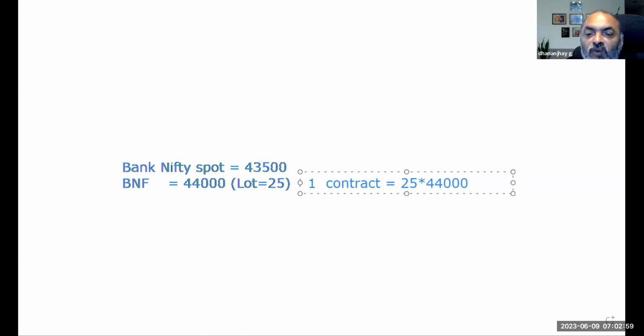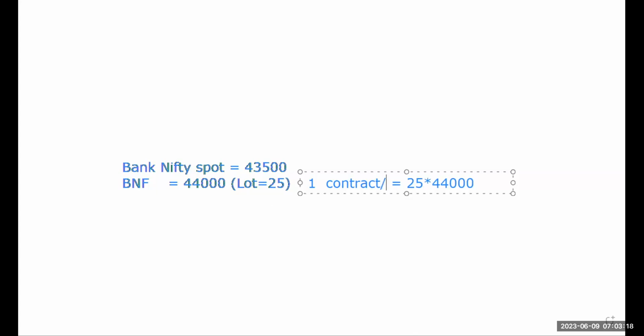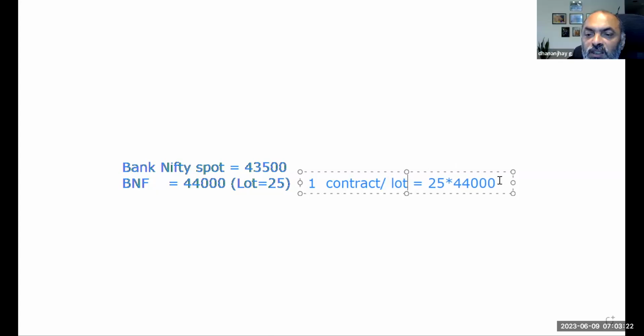Are you understanding? One contract means one lot size. 25 Bank Nifties will be there. They will be combined and put in a box and given to you. Understood. So how much will this contract value be? Something like 10 lakhs.